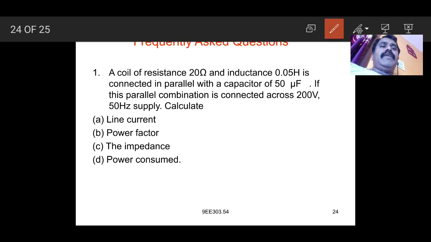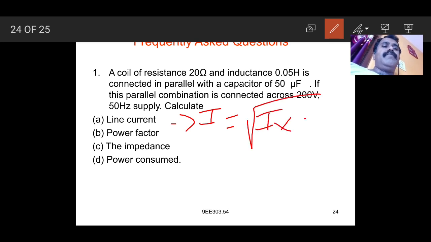Again we can say the line current is nothing but the current value, that is I is equal to under root of Ixx square plus Iyy square.